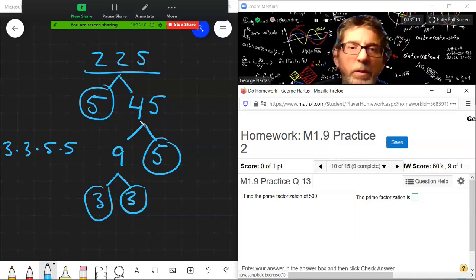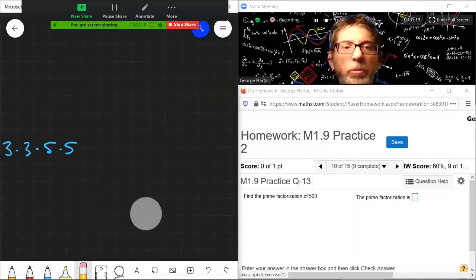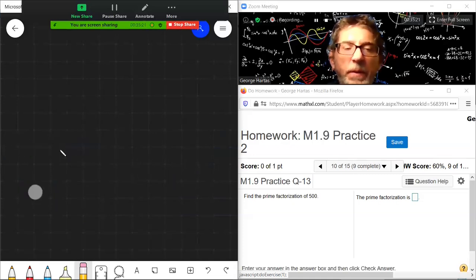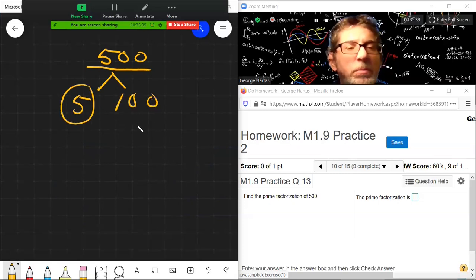Nice big number. Find the prime factorization. Doing this now in Math 25 is going to really help out in Math 50. You'll see. It's well worth the effort. So there's a bunch of different ways we can break this down. To me, one of the most intuitive ways is to say, you know what? I know that 5 times 100 is 500. Boom. Now, again, we have multiple ways to do this.